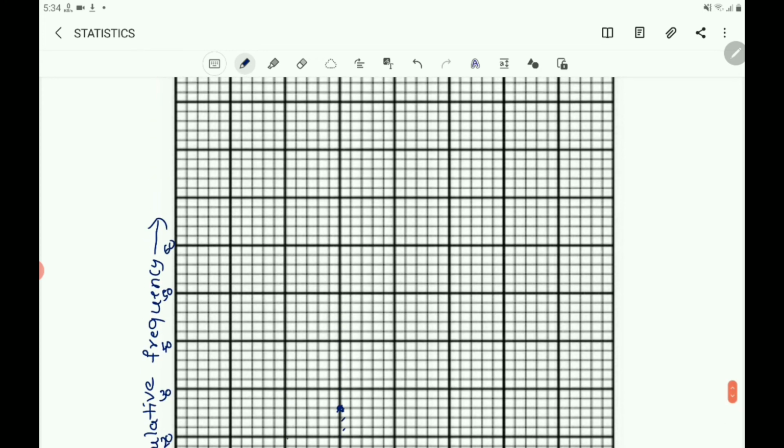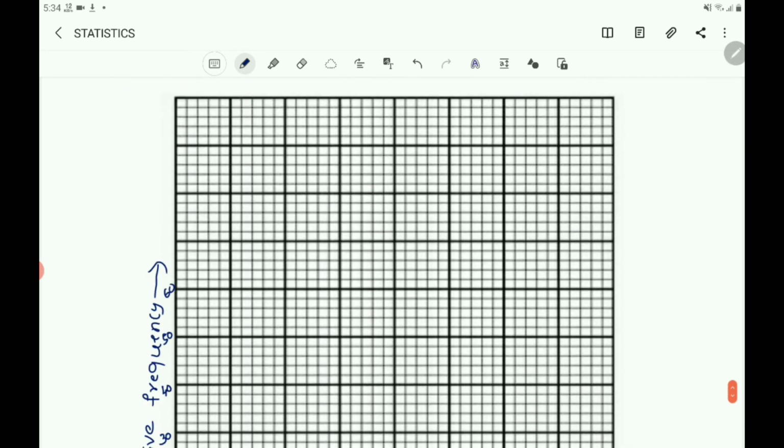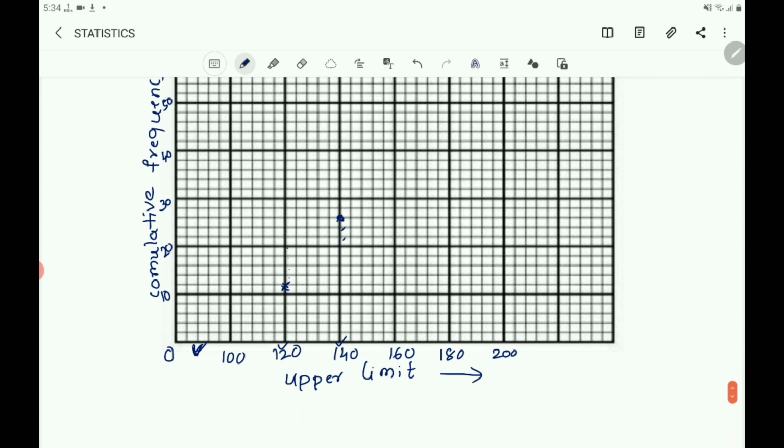Then the next one is 160, 34. 160 is here. Go straight. 30 is here. 4 means 2 plus 2, you will get it here. That is 34.